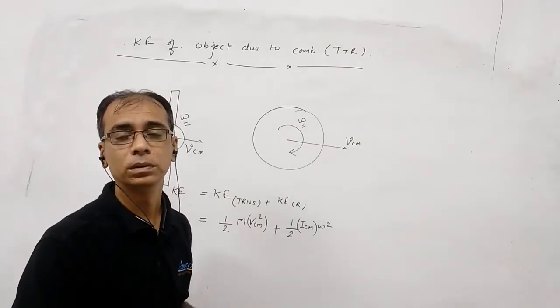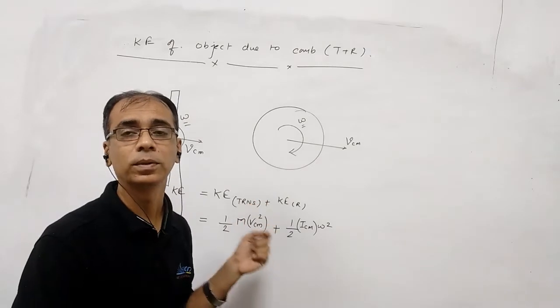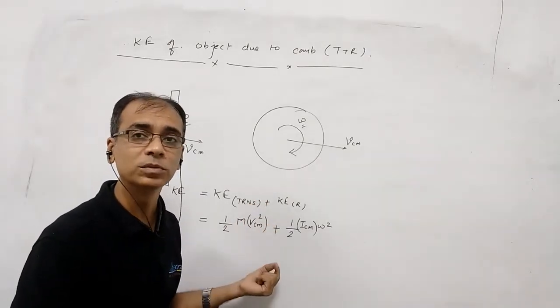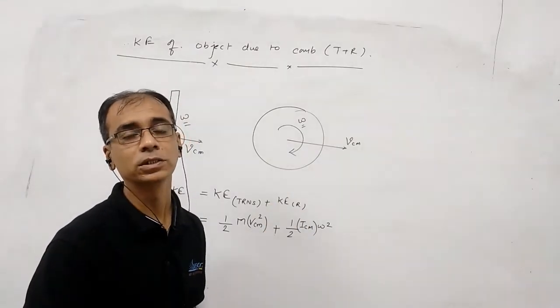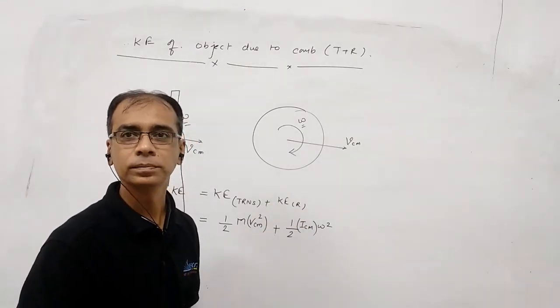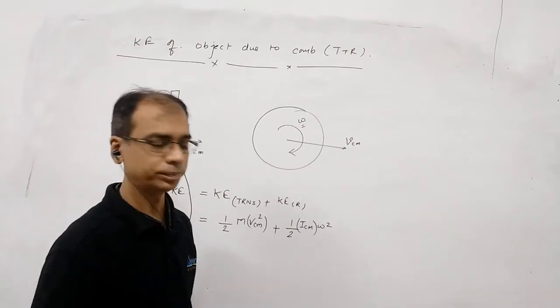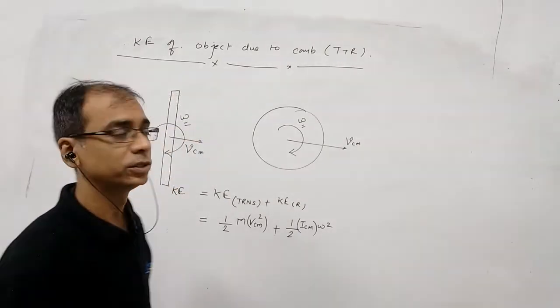That will not work. For kinetic energy we have to write half m VCM square plus half ICM omega square. Then only it's going to work. Okay? Clear? That's your kinetic energy.